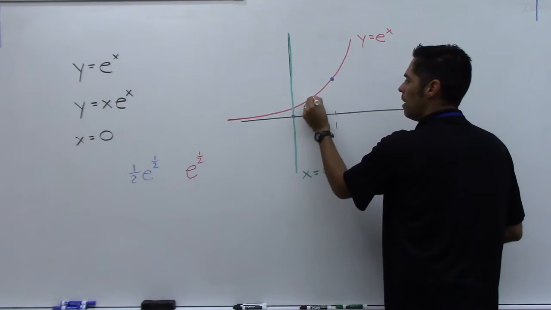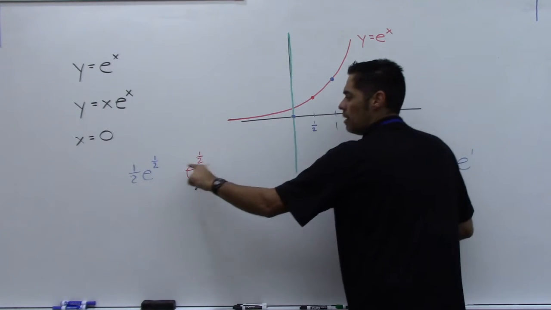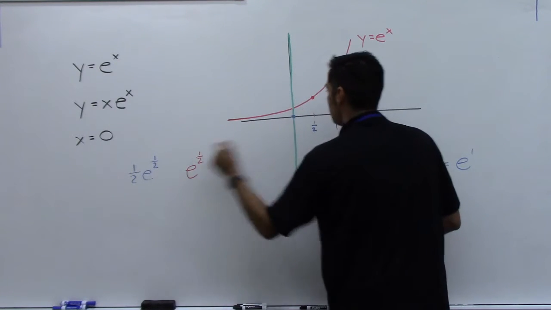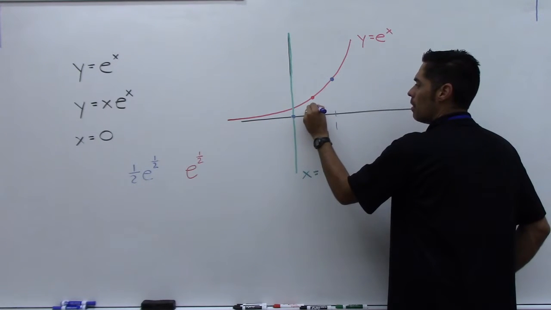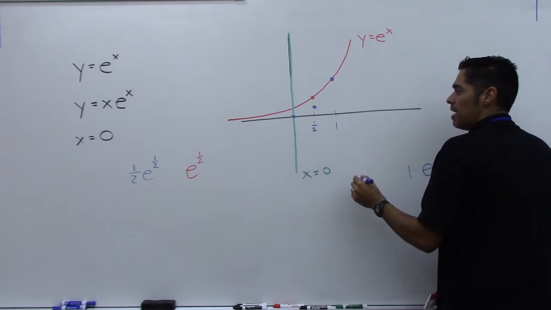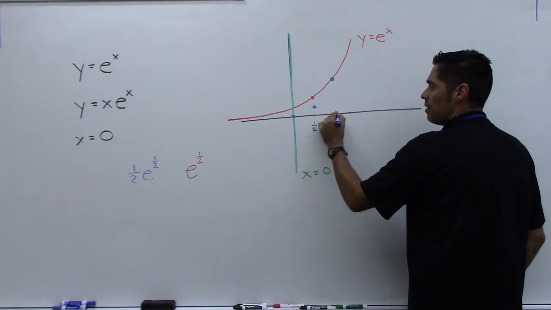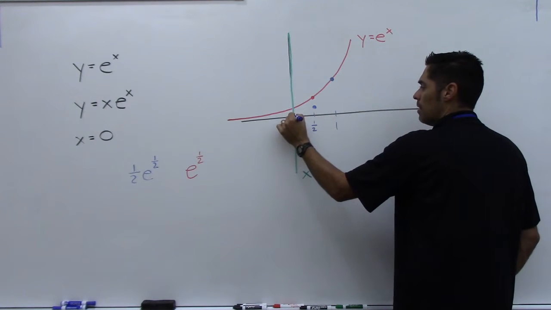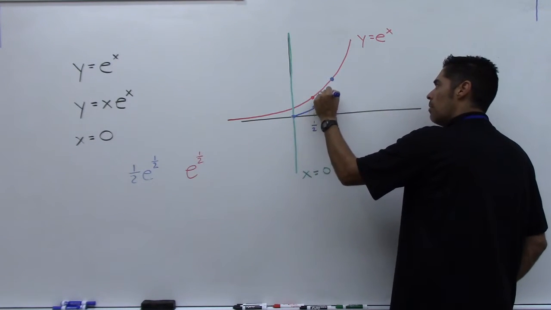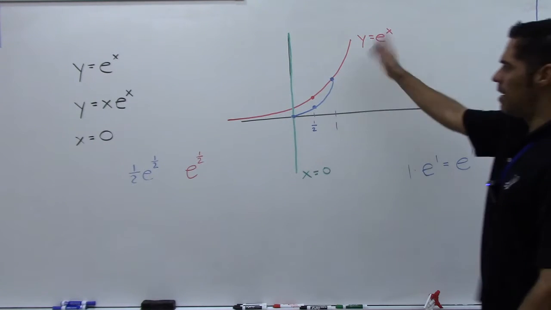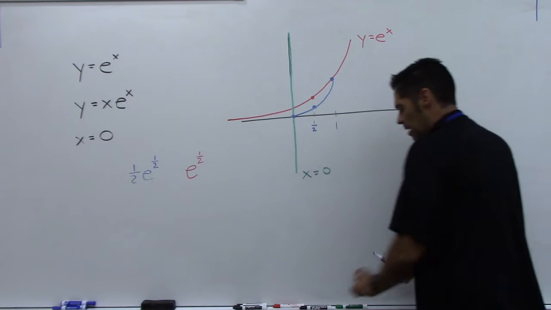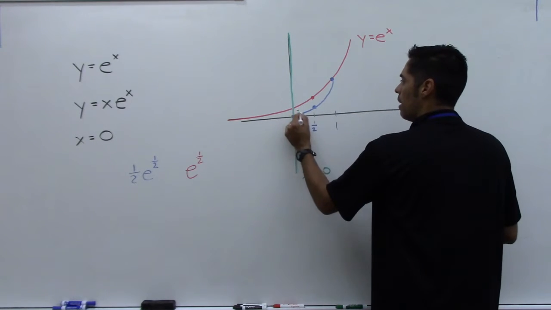So at 1/2, the red one's up here at e to the 1/2, and the blue one is half of that, so we're half as high, which means my graph is right here somewhere. That's the same case the rest of the way between here and here. So this curve goes below that one and then up to there. What happens after that, I'm not sure, but I can see the region's already been created. It's right in here.